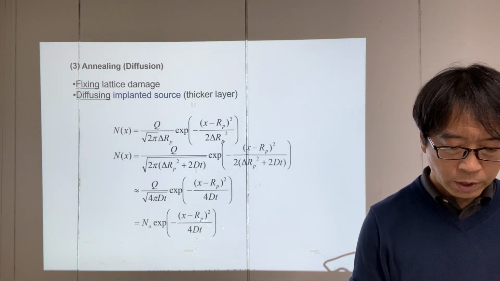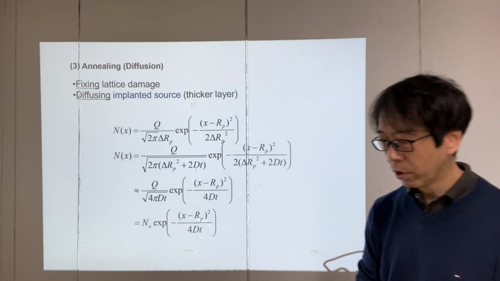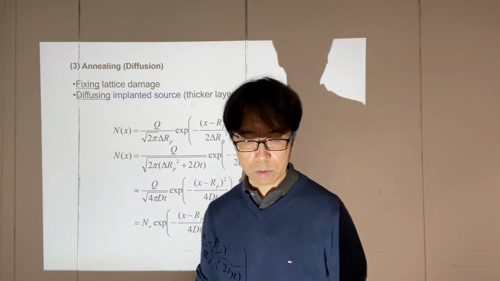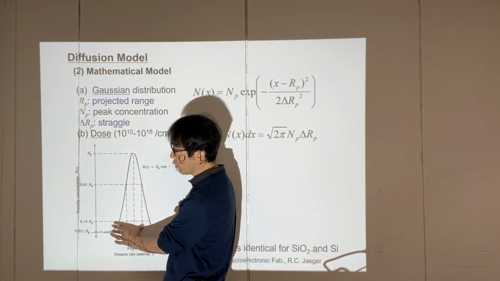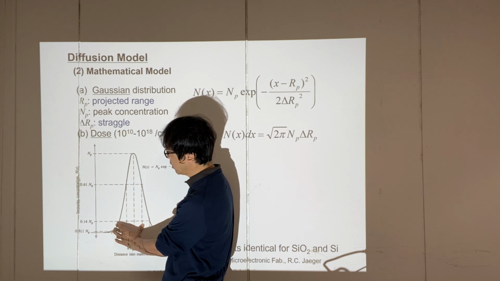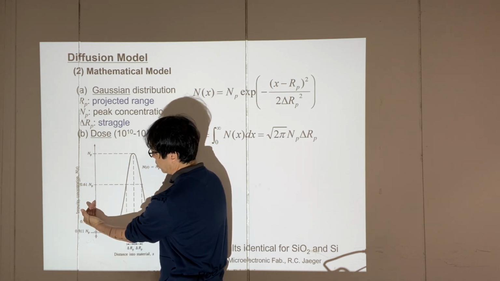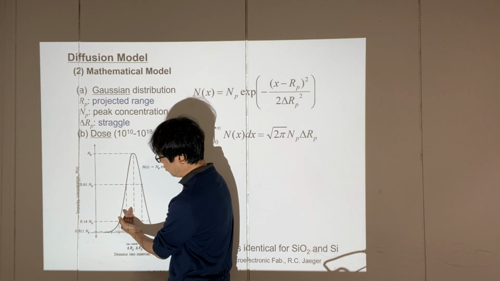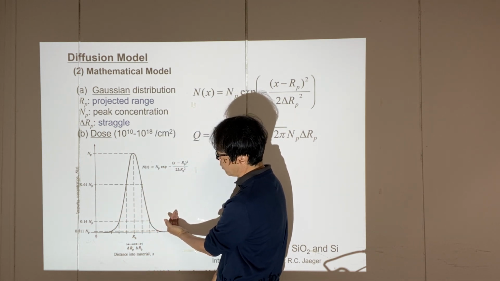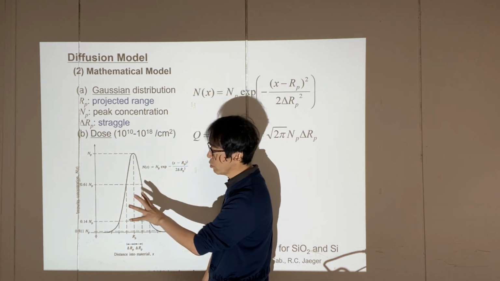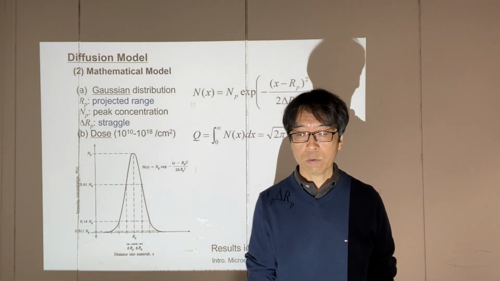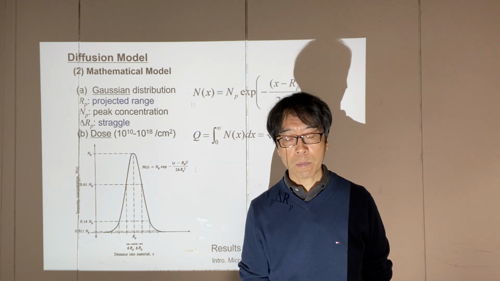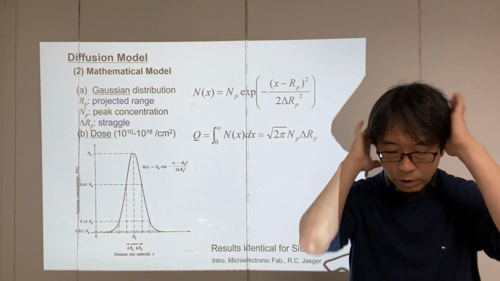Well, after this, you would like to drive in this profile. Basically, this profile is too sharp, too shallow, too thin sometimes. You want to broaden it towards the body of the wafer so that you can create a reasonable amount of volume where you can control the electrical properties, mechanical properties, and the etching characteristics as well.